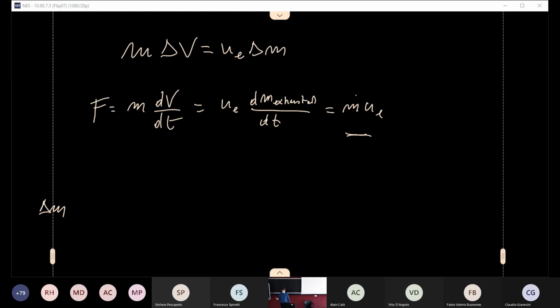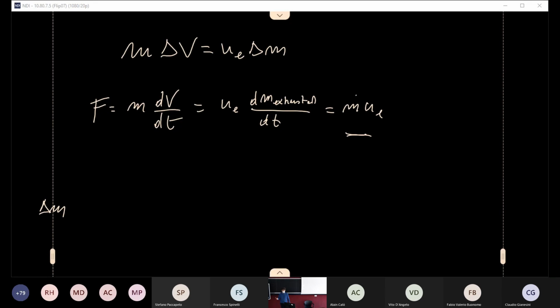Let's make a comment here. I use this letter F for indicating thrust and not T. Why? For thrust I should use T, but most rocket propulsion books use F for indicating thrust, even if they are written in English.